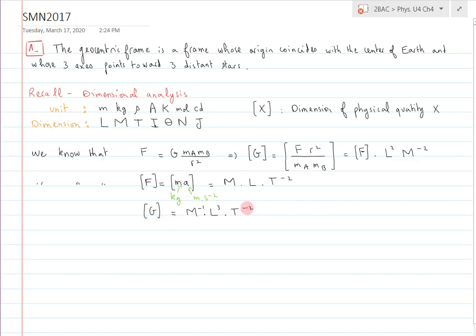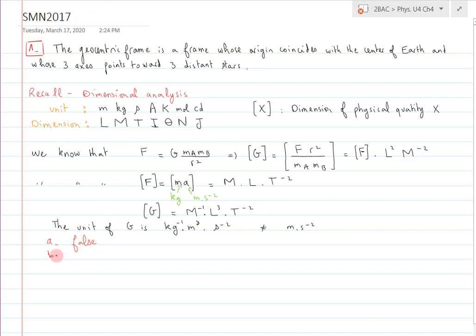So this is the dimension of G, and the unit of G is kilogram minus 1 meters cube second minus 2, which is not equal to what they have stated, meters per second square. So A is false.